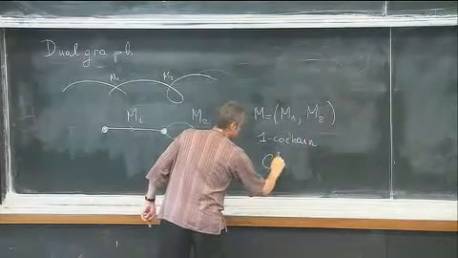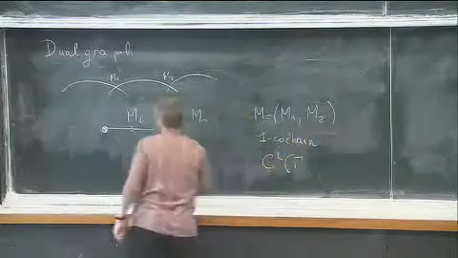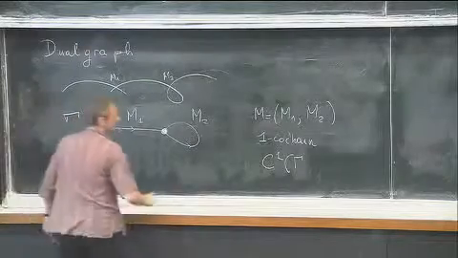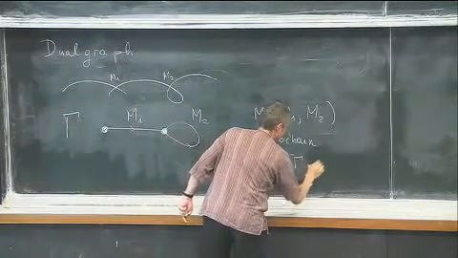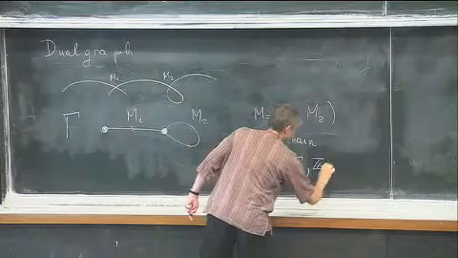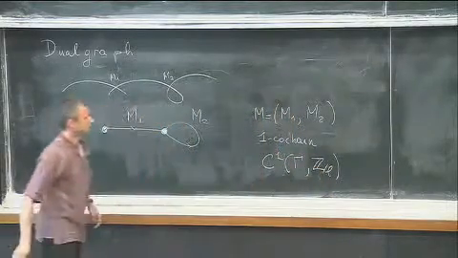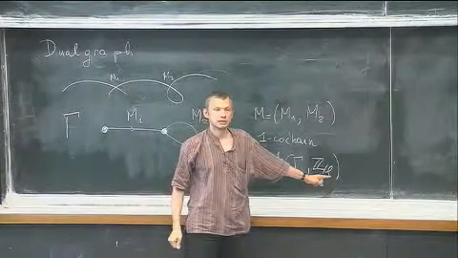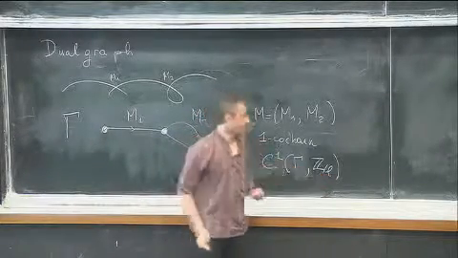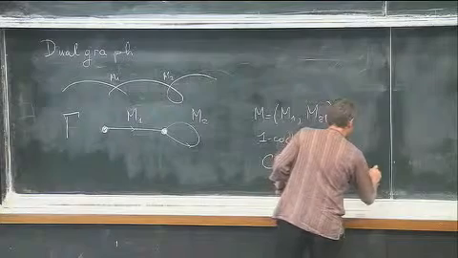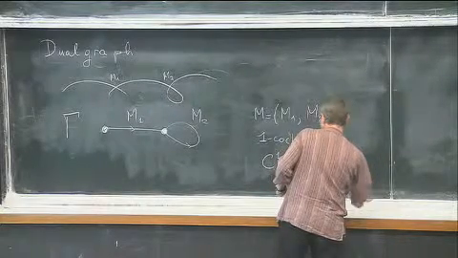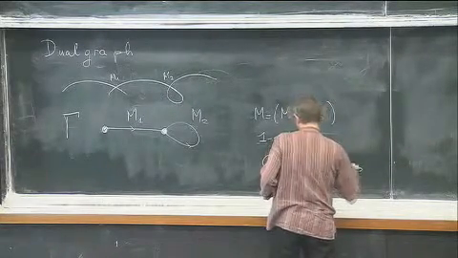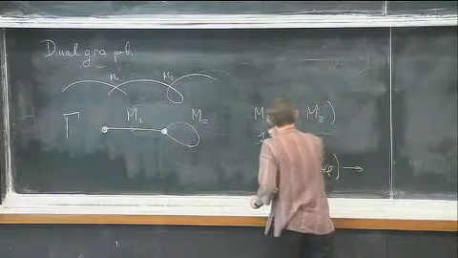So graphs such as this may be equipped with one cochain, and here I have a one cochain which takes values in ZL. And you know there is a map between one cochains and, okay, let me call it a one chain.